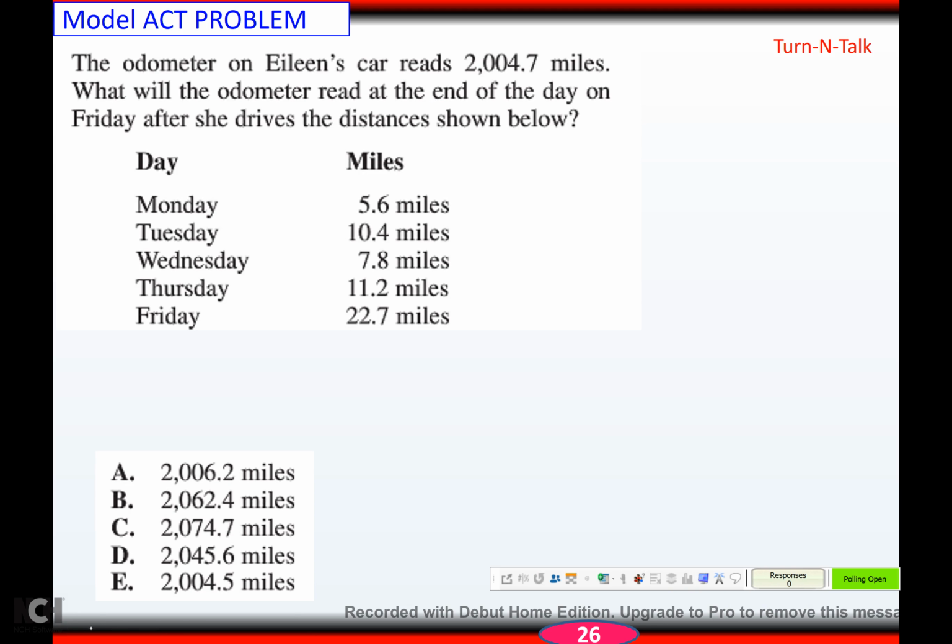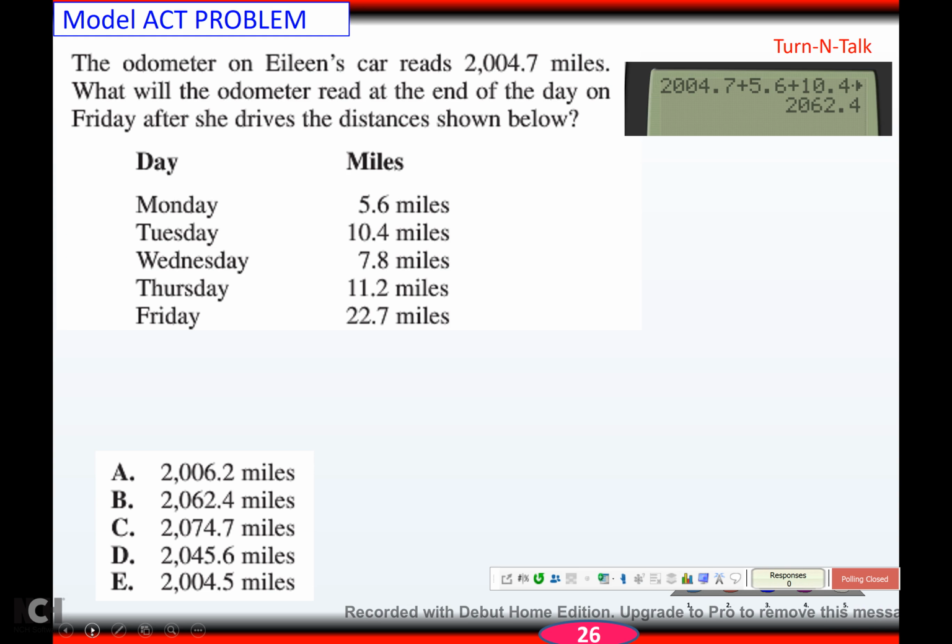Okay, hit pause. Come back when you're ready. And hopefully you got B. Okay, the odometer on Eileen's car reads 2,004.7 miles. What will the odometer read at the end of the day on Friday after she drives the distances shown below?